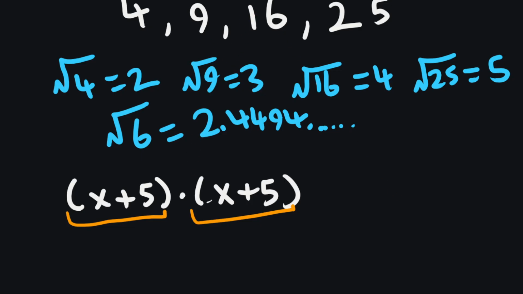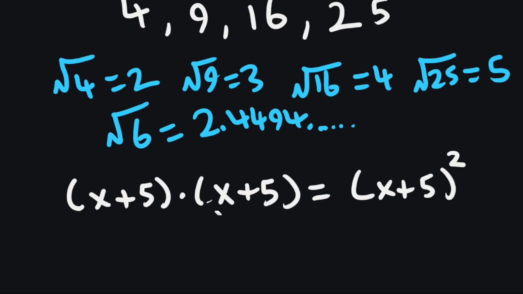So this is essentially the same thing as (x + 5) squared. And one more thing, if you remember from one of the previous videos, the way to multiply these two binomials is to use FOIL. So let's go ahead and do that.